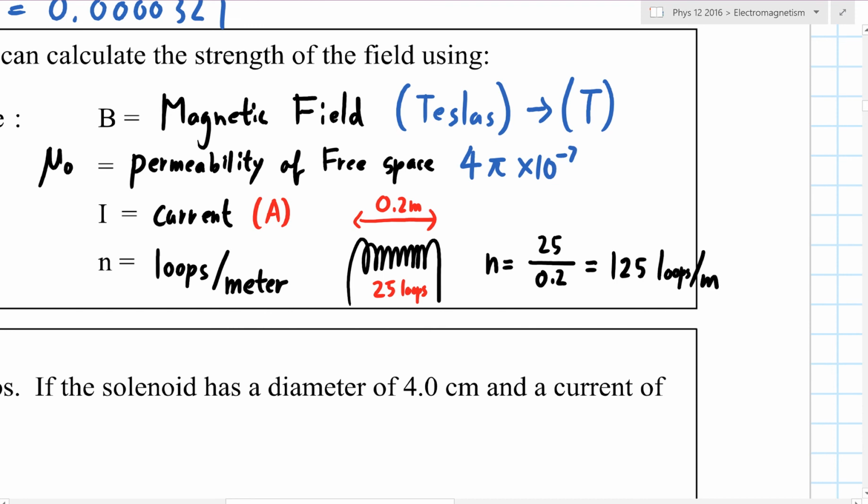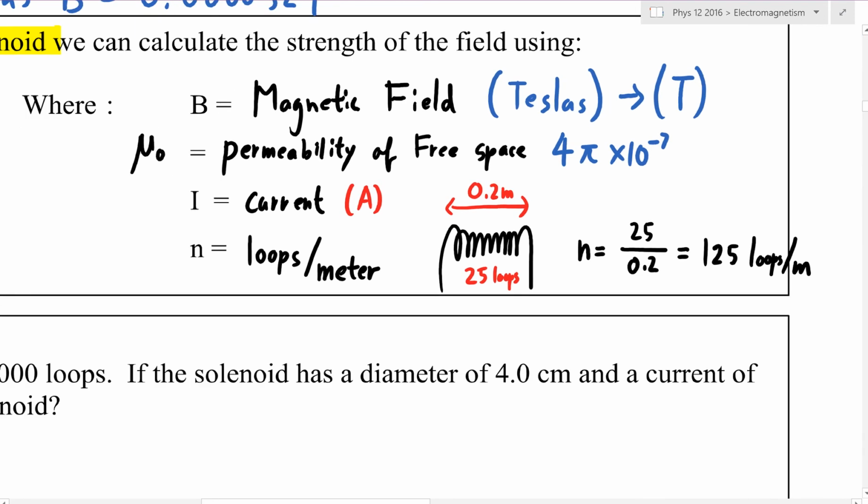Right? So the little n is just how many loops of wire you have divided by the length of the solenoid that you created.